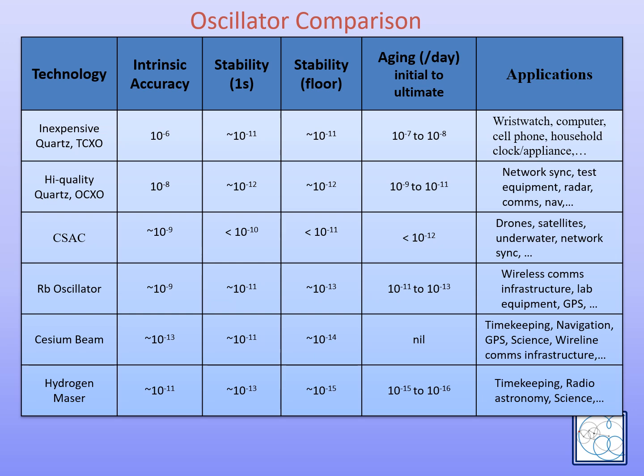I'm going to very quickly mention a few details on this slide. It's available for you to peruse more carefully if you want to know some information about what's the intrinsic accuracy of these devices versus stability, and some of the applications.